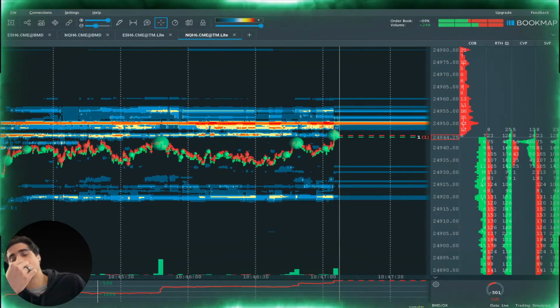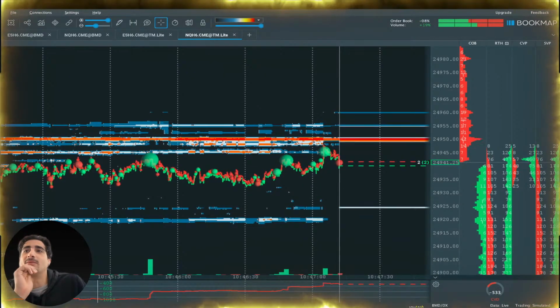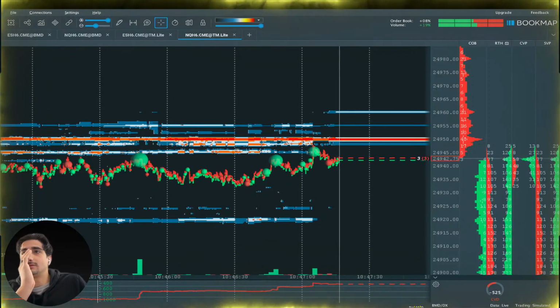It's not good enough, and what I would need to expect is a breakout, which I don't want to be a part of. We react to IB. Let's just see how this plays out though.